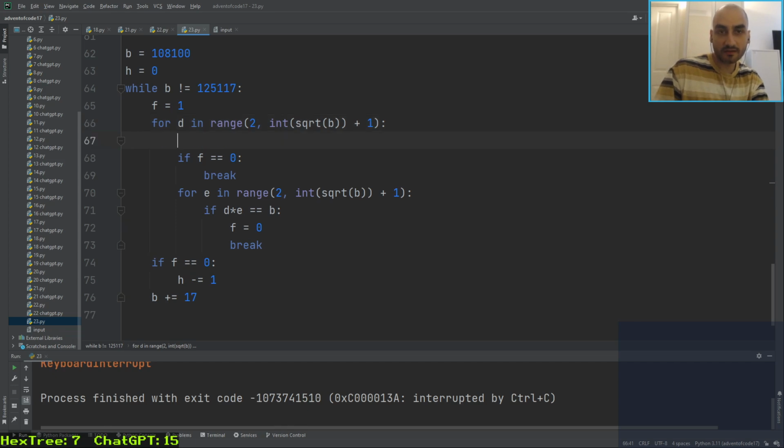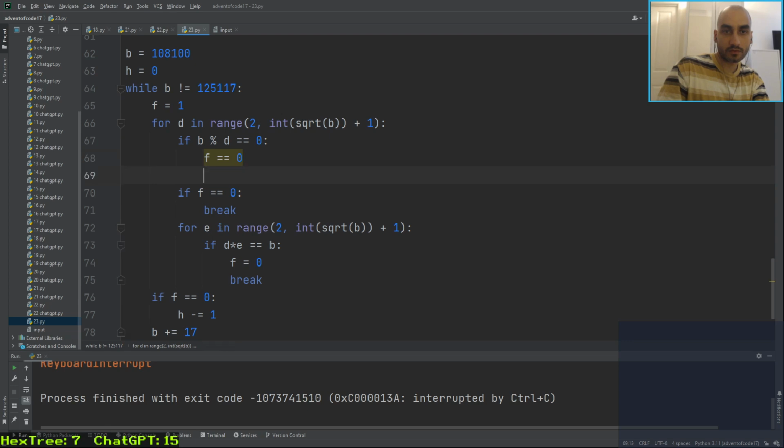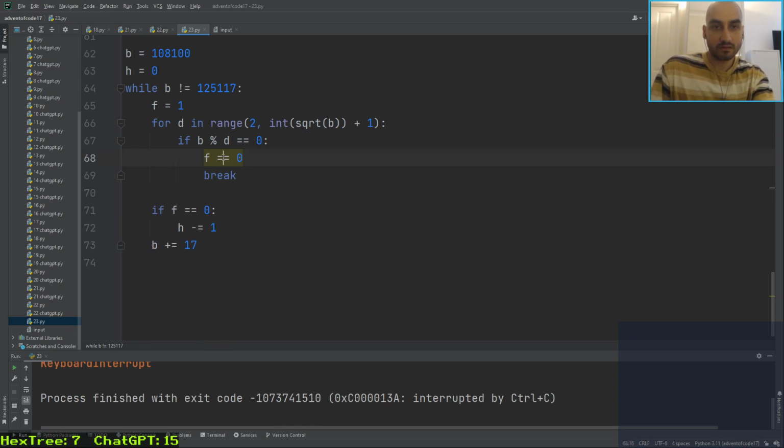We say if B percent D is 0, F is 0, break. We don't need to find what its other factor is. That's a massive improvement.